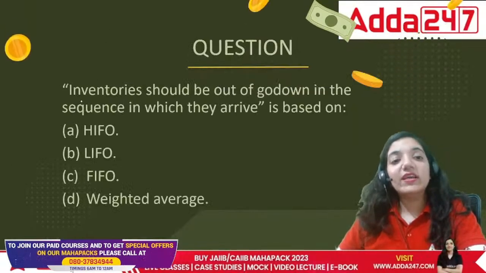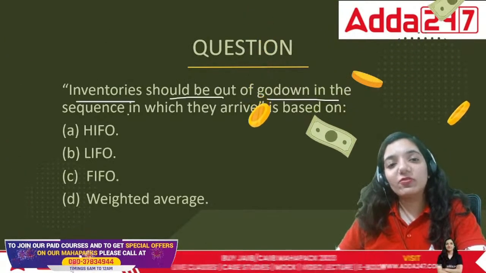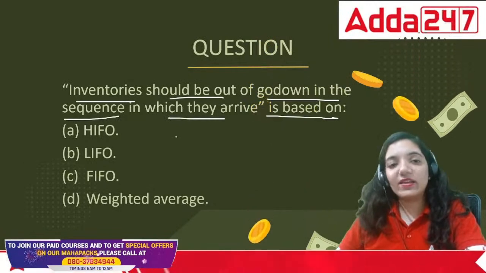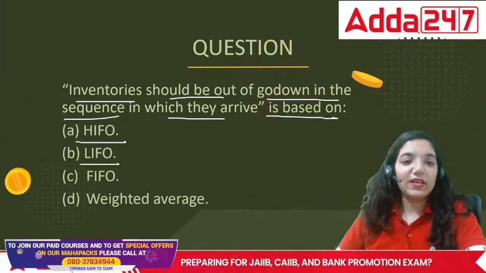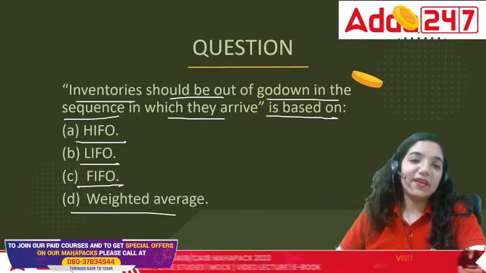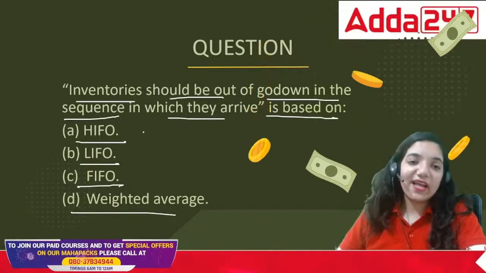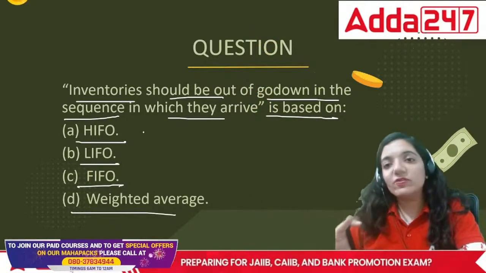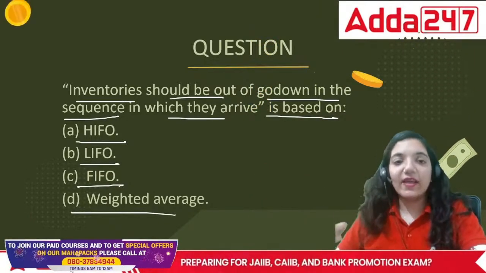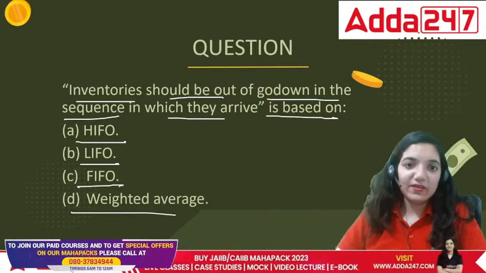Next question. Inventories should go out in the sequence in which they arrive. That is HIFO, LIFO, FIFO or weighted average. When we talk about inventories, it is stock. HIFO is highest in, first out. The value which is highest would be taken in, and whatever is going out, that would be the first out.